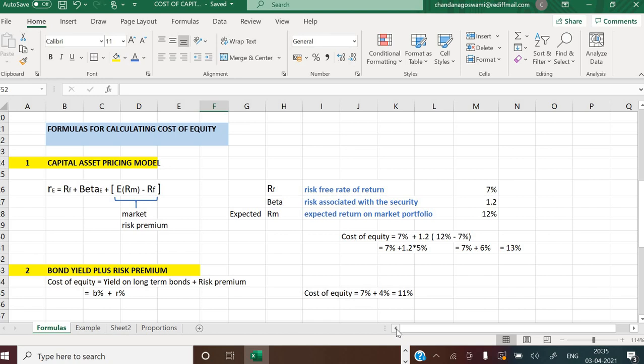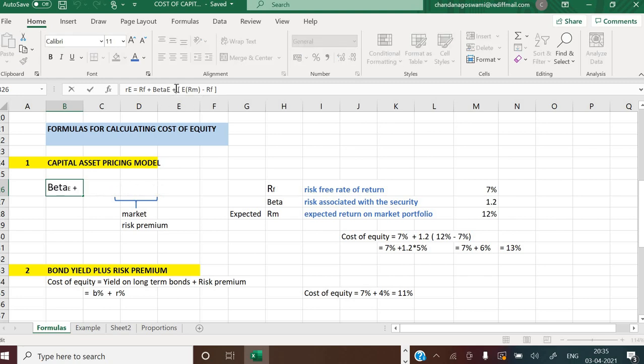The first one is the capital asset pricing model, where we say RE, that is the cost of equity, is equal to RF, that is the risk-free rate of return, plus beta of that security multiplied by E expected, that is ERM minus RF. This should be multiplied, not plus.